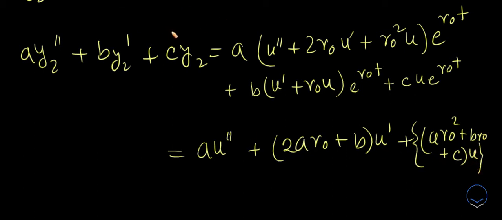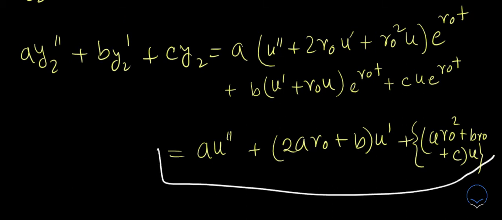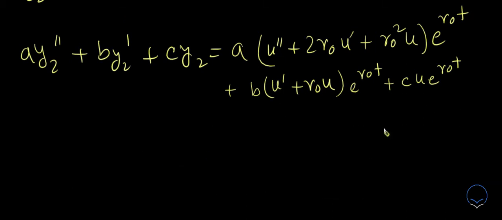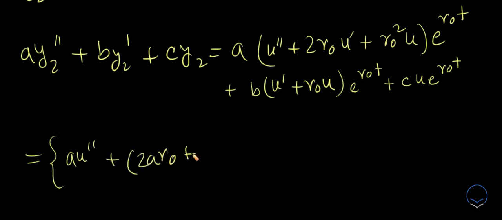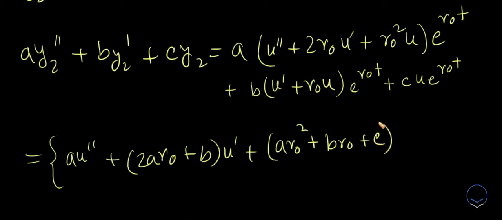Let me start from the left side so that I can cover the whole screen. Now we have our u over here, and we are factoring out this e to the power r0 t.